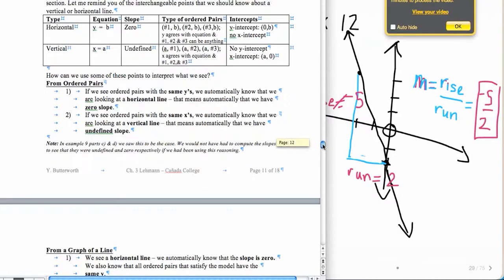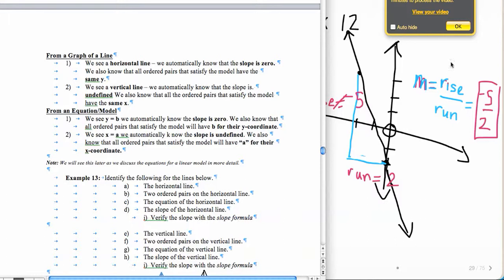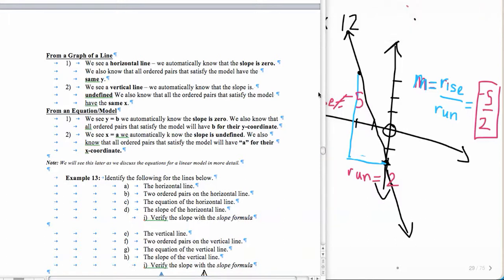And that's what we saw before. Now, if I look at the graph of a line and see a horizontal line, a line that goes like the horizon in the world, I automatically know that the slope's 0. I also know that the y's in the ordered pairs on that line give the equation of the line too: y equals whatever those y values are.